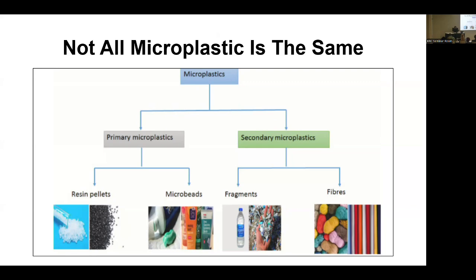Some examples you can see here are resin pellets or the microbeads that we find in our cosmetics or body scrubs. These plastics are already micro in size, as compared to secondary microplastics. These come from larger pieces of plastic, your macroplastics, which eventually get smaller. So primary, already micro; secondary, they become micro in size.